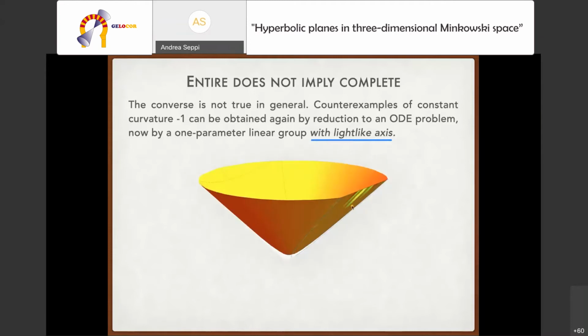So basically, this is the surface that I'm going to present. This is invariant by a parabolic group, which fixes this direction.